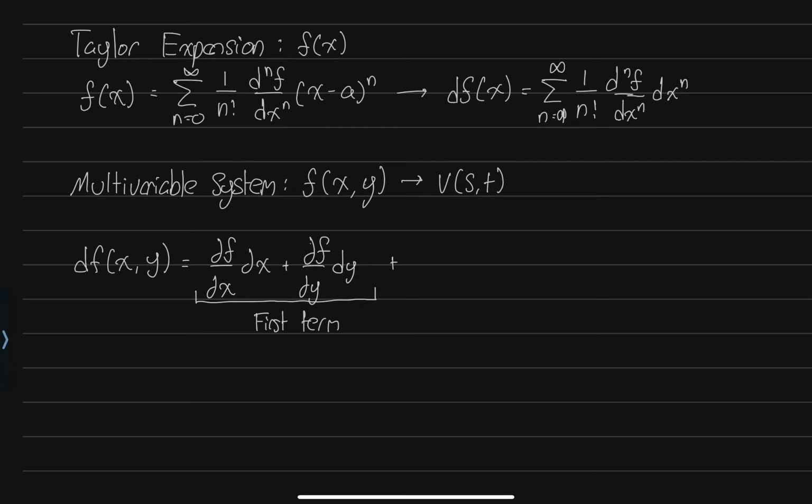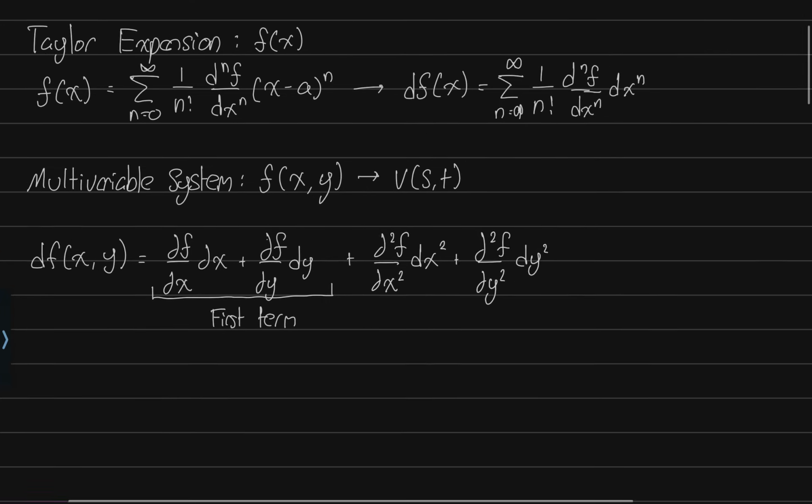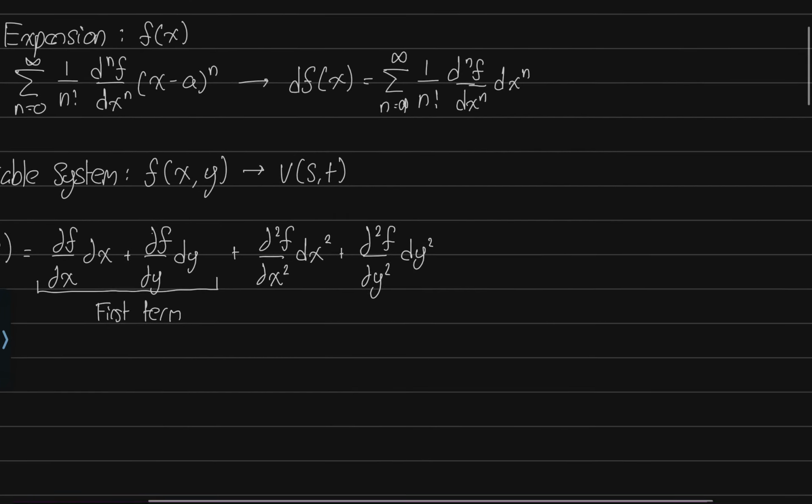And then we can add that with our second term, which is going to be the second partial derivative of f with respect to x plus our second partial derivative with respect to y. And there's actually two more ways to do this. We can add this with our partial derivative of f with respect to x and then y.